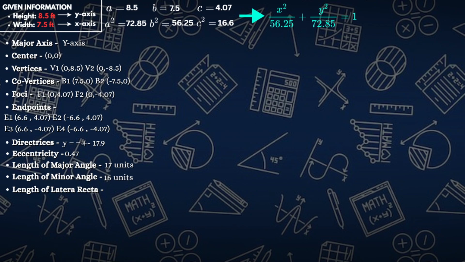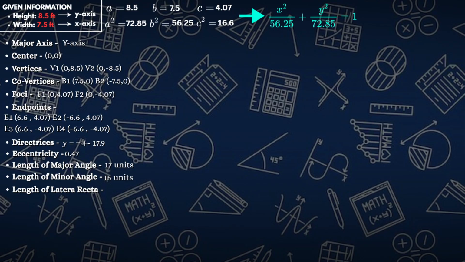And for our lateral recta, let's just multiply b squared over a times 2. Let's do this step by step again. Our b squared is 56.25 divided by 8.5. That is again 6.6.